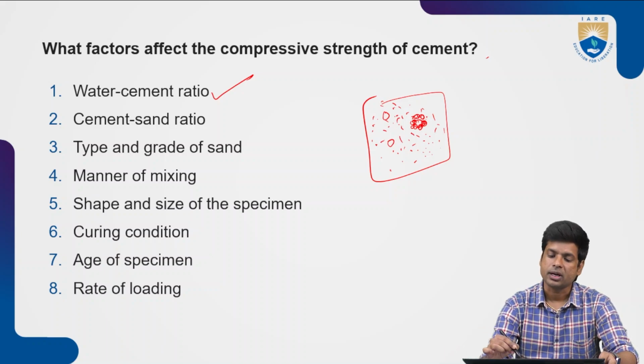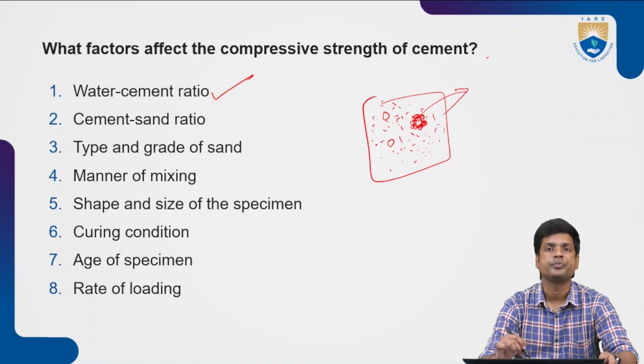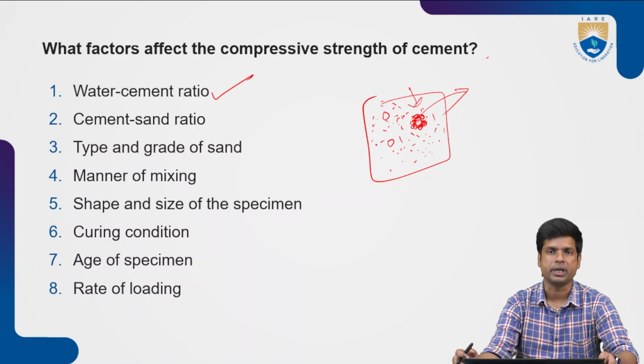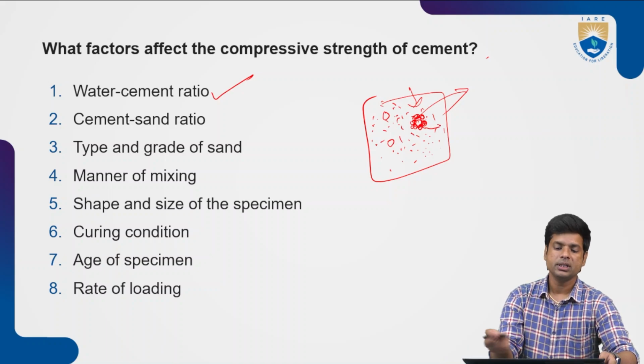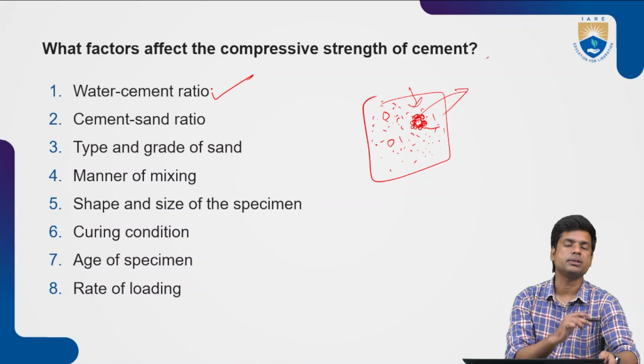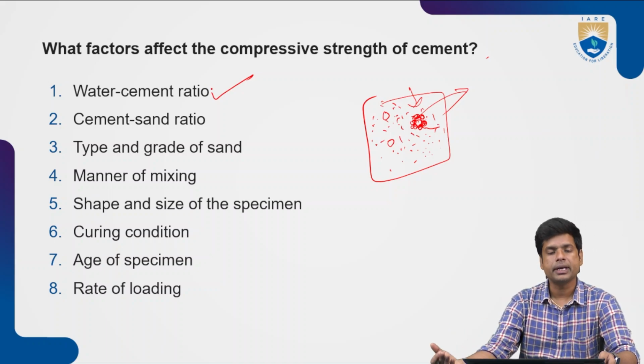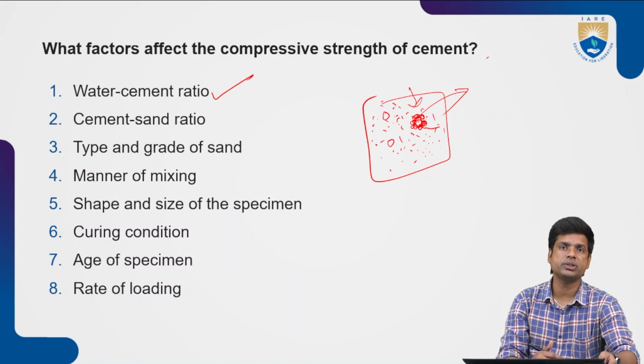With time, this moisture content will be evaporated, and here you will get a void, and that will reduce the strength when you apply the load. It will break, or else you will get cracks near that particular area. So that is one of the problems if you take an incorrect water cement ratio.